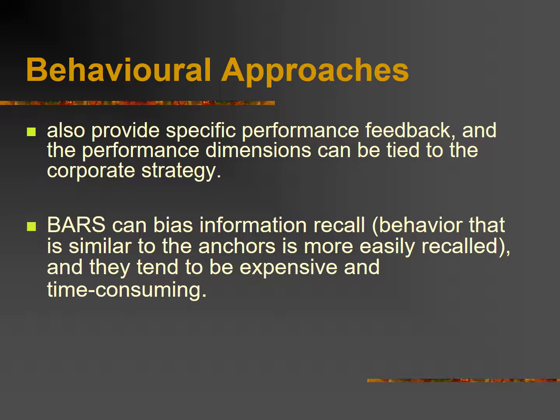So the BARS provide specific performance feedback, and the dimensions clearly can be tied to corporate strategy. What we saw before really was the attempt to give you behavioral activities that had to do with readiness for work, which is clearly important to this company.